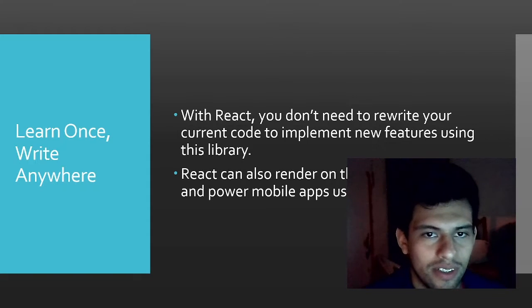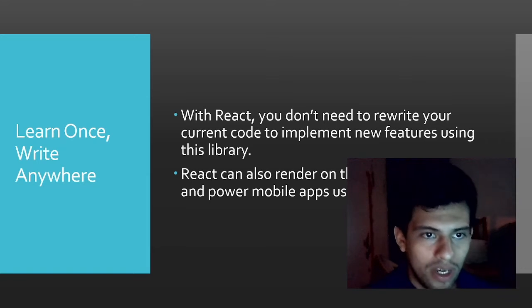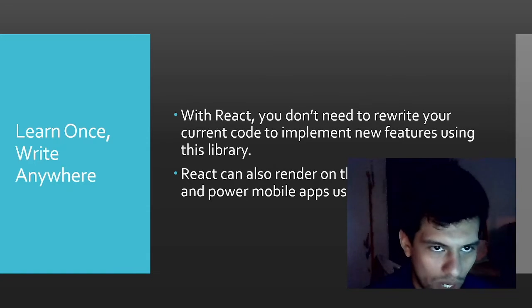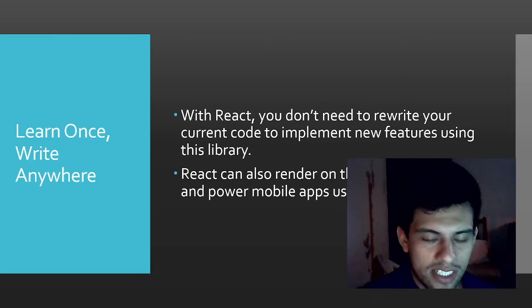We don't need to make all our pages with React. We can use it in some places where we want. So it's the flexibility of React to be implemented in an existing project.